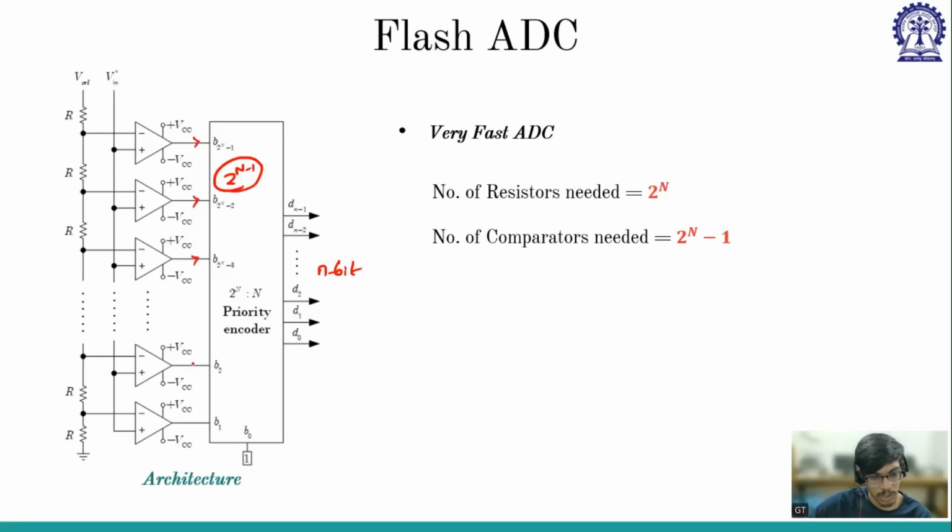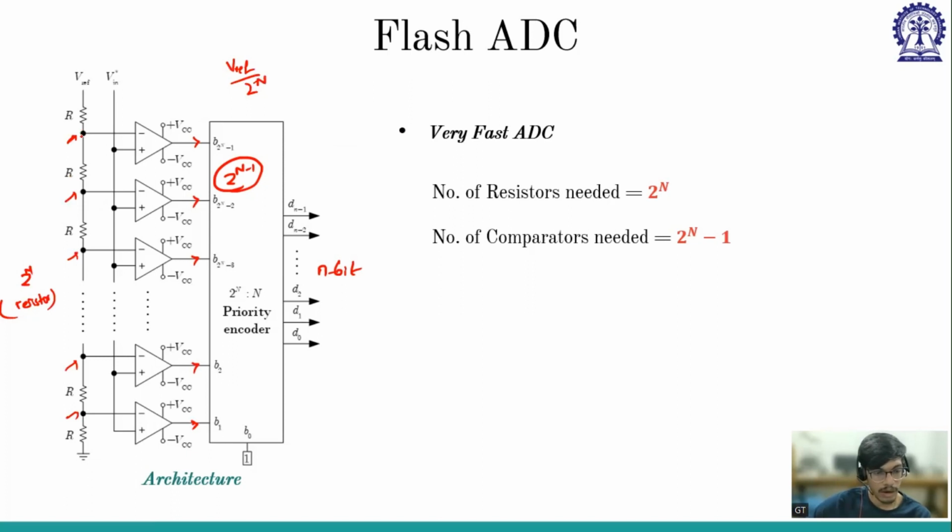So for this 2 to the power n, what happens is we need 2 to the power n levels. For that we need 2 to the power n resistors. So we are increasing the comparators. Say there will be V reference. If there are only 2 resistors, we'll have V reference by 2. Now, if we have 2 to the power n resistors, we'll have V reference by 2 to the power n, right?